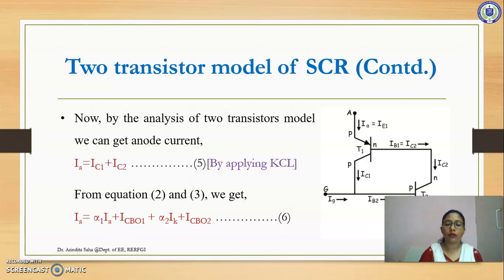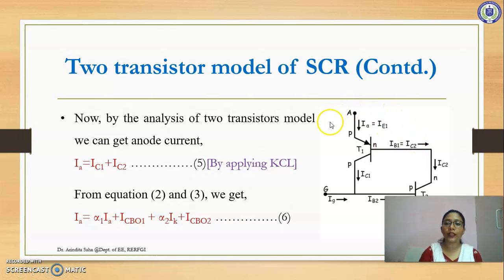Now for the two-transistor model we can get the anode current, that is IA. If we consider this transistor, we can see that IA is equal to IC1 plus IB1. Again, this IB1, which is the base current of the transistor T1, is also the collector current of the transistor T2. So IB1 is equal to IC2.